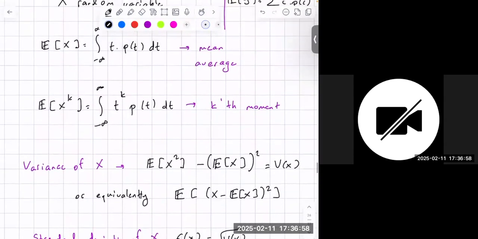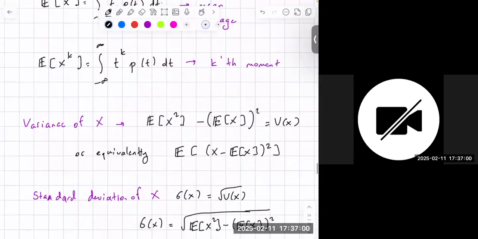So let me define the stuff you have seen before in this language. Variance or standard deviation are related only to the case k equals 2. K equals 1 is expectation. 2 is related to variance and standard deviation. How do you compute your variance? You take the expectation of x squared.